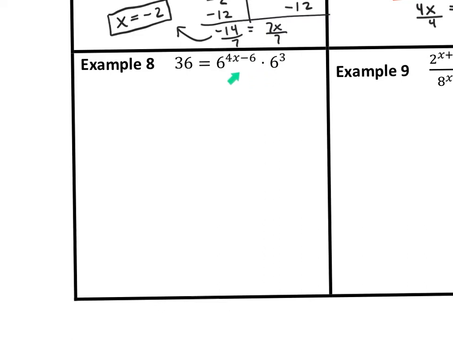What did we say about exponents with the same base if they are multiplying, what happens to their exponents? Right, so I'm going to copy the 36, and what we should think of is that the exponents add. So it's going to be 4x minus 6 plus 3.